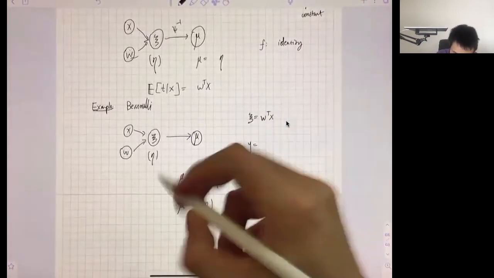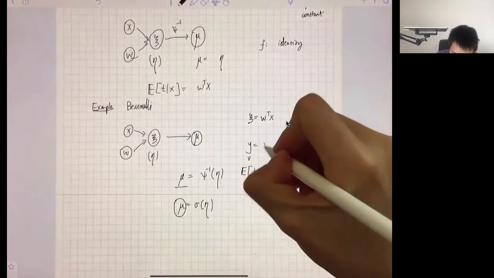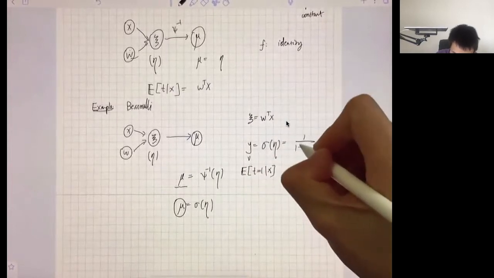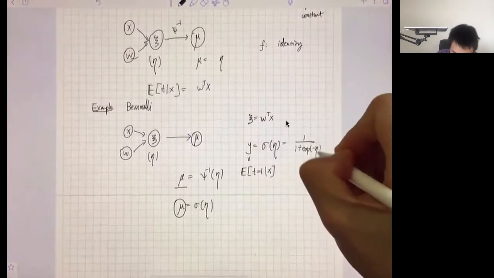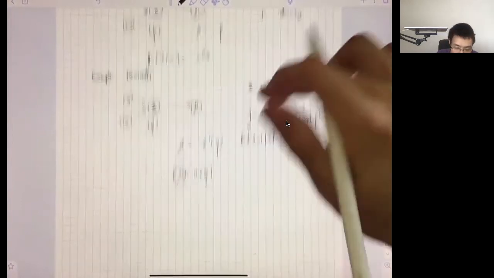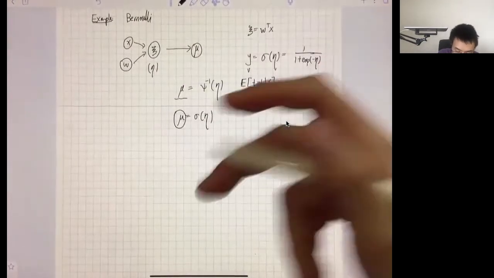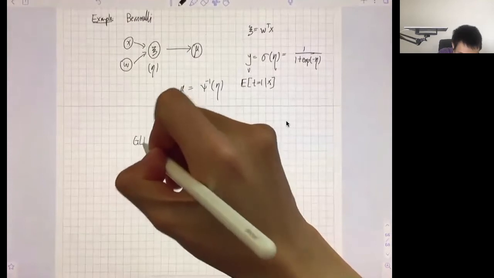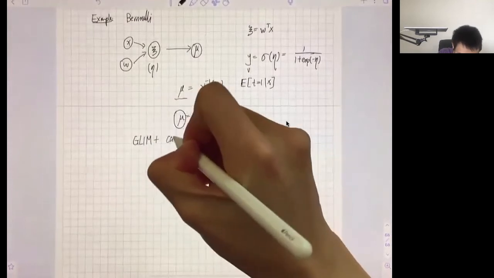Mu here is just sigmoid of eta, okay? It's 1 over 1 plus exponential to the minus eta. And this precisely tells you how the sigmoid function arises. So the sigmoid function arises with the assumption of generalized linear model plus canonical response.